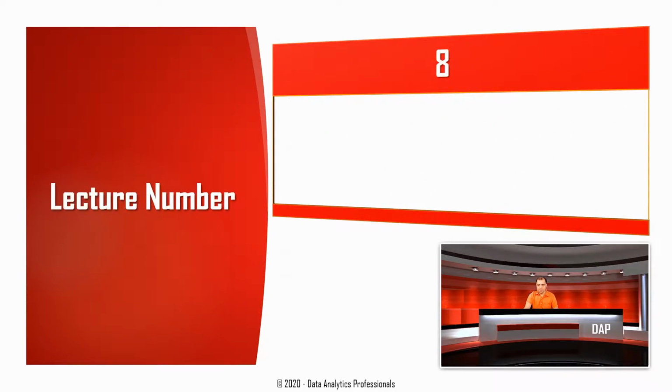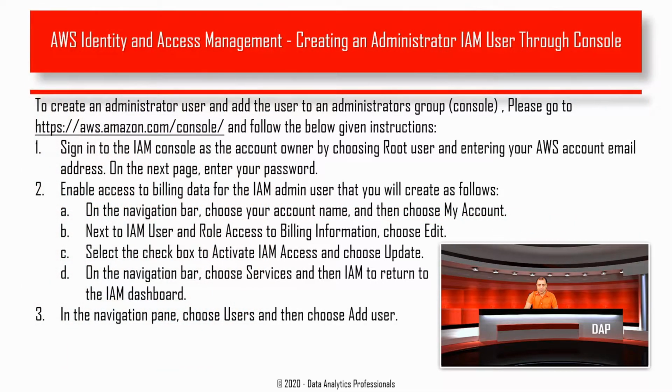Now this is lecture number 8 in this series, and these are the guidelines that we need to follow. To create an administrator IAM user through console, we first need to go onto this website and then follow these instructions. I'm going to come back to these steps one by one and show you that we have followed everything.